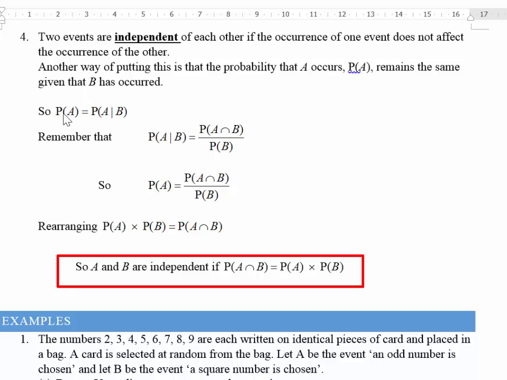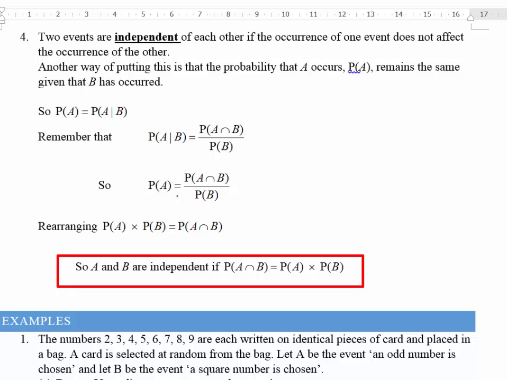So we know that the probability of A occurring is the same as A occurring with the condition that B has already happened. We remember that the probability of A given B is the same as the probability of the intersection of A and B over the probability of B. Now instead of writing the probability of A given B, I can just say that that's probability of A, because that's what happens if we have independent events.